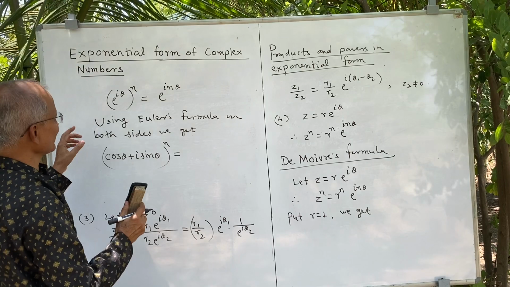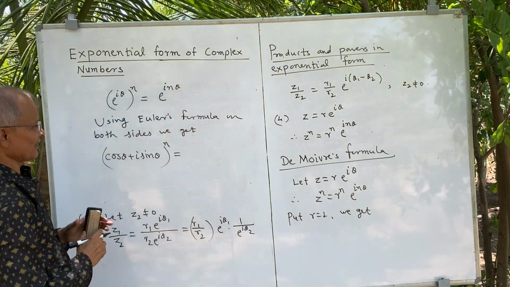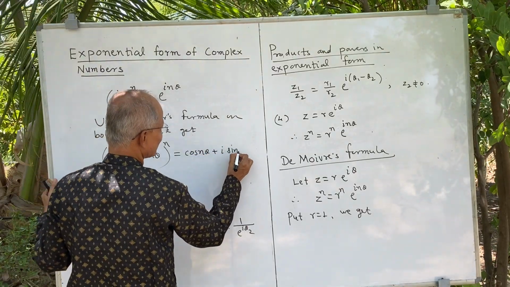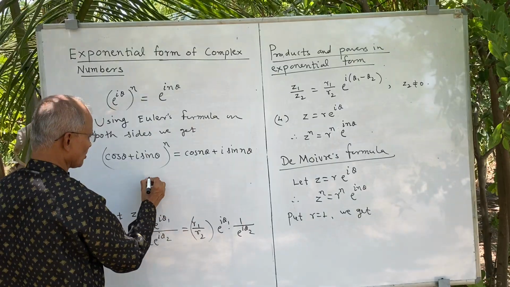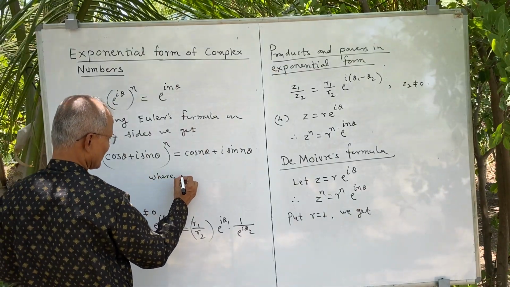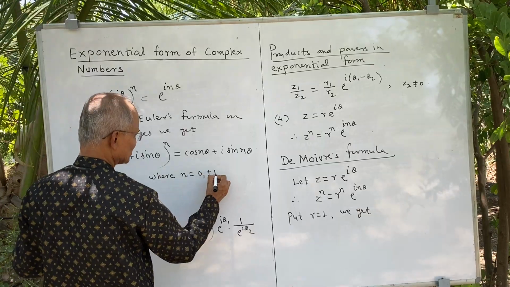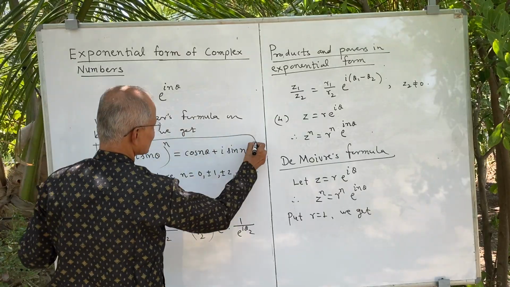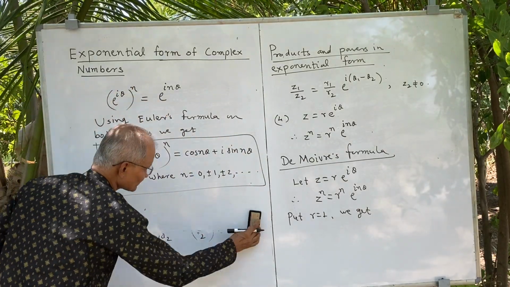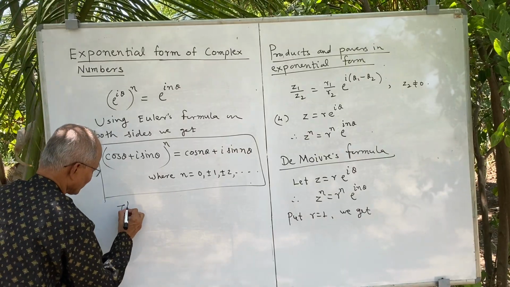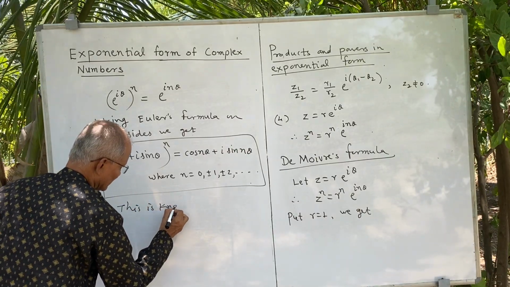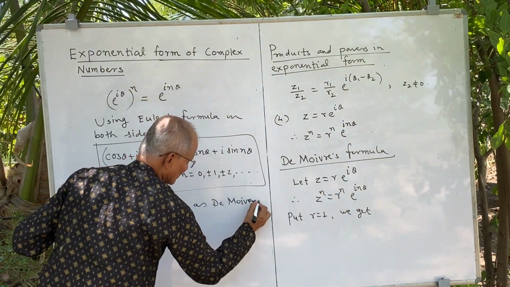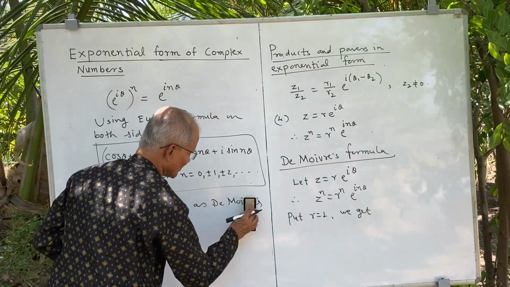Using the same Euler formula, here instead of theta it is n theta, and therefore the right side is cos n theta plus i sin n theta, and this result holds for every integer n, that means n is 0, plus minus 1, plus minus 2 etc., and this is known as de Moivre's formula.